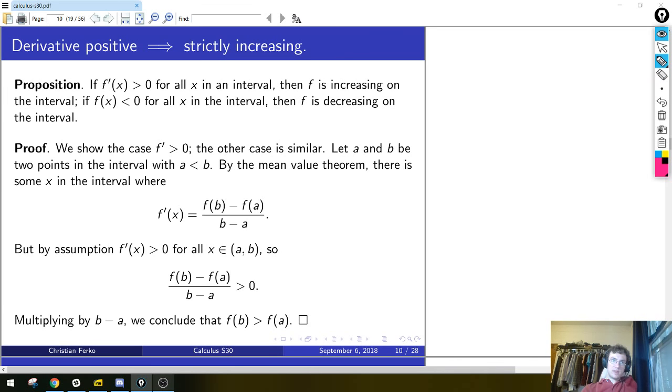You can say if f prime of x is greater than or equal to 0, or if f prime of x is less than or equal to 0, then f is increasing or decreasing, but not strictly, because the proof goes through almost unchanged, except this has a greater than or equal to. So, great, yeah, it's not magic, but the punchline is when the derivative is positive, and only positive, it's strictly increasing. If the derivative is non-negative, then you're just increasing.